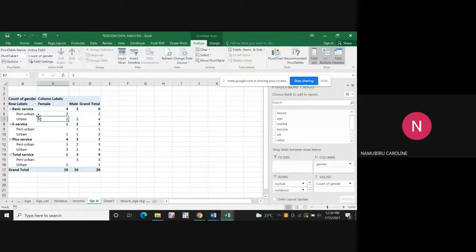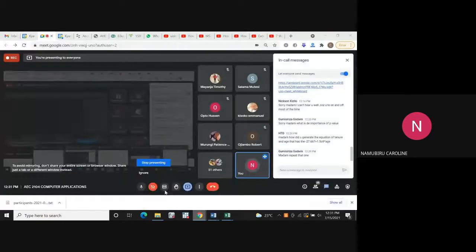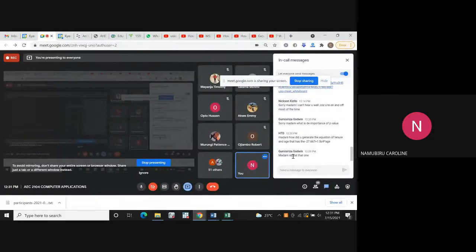You can do quite a number of analyses based on that, to still make the same or similar conclusions, because what you realize is that the females and males from urban take up the same proportions, especially for those using the basic service. So you can add more levels, but still of categorical variables, to continue with more analysis. But our interest there was on 1. Okay.